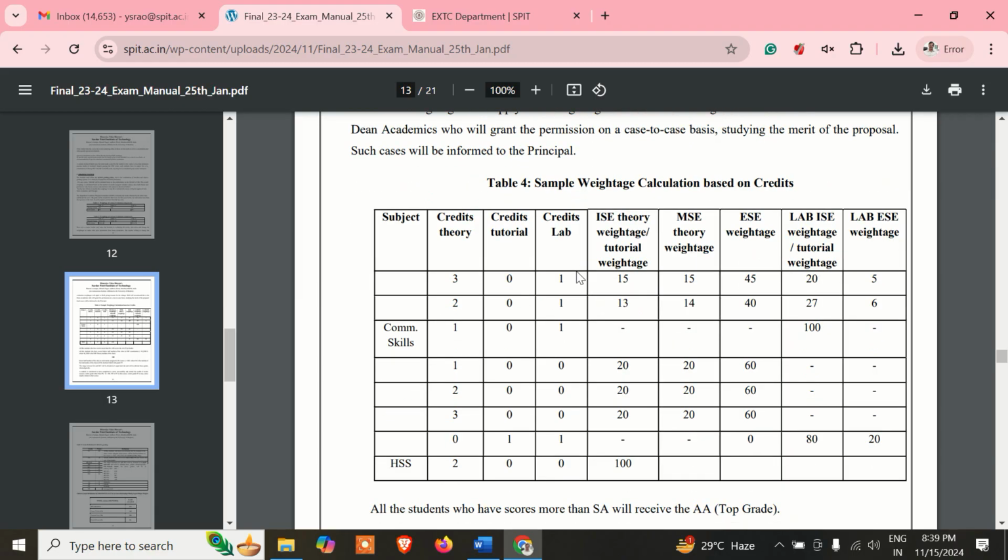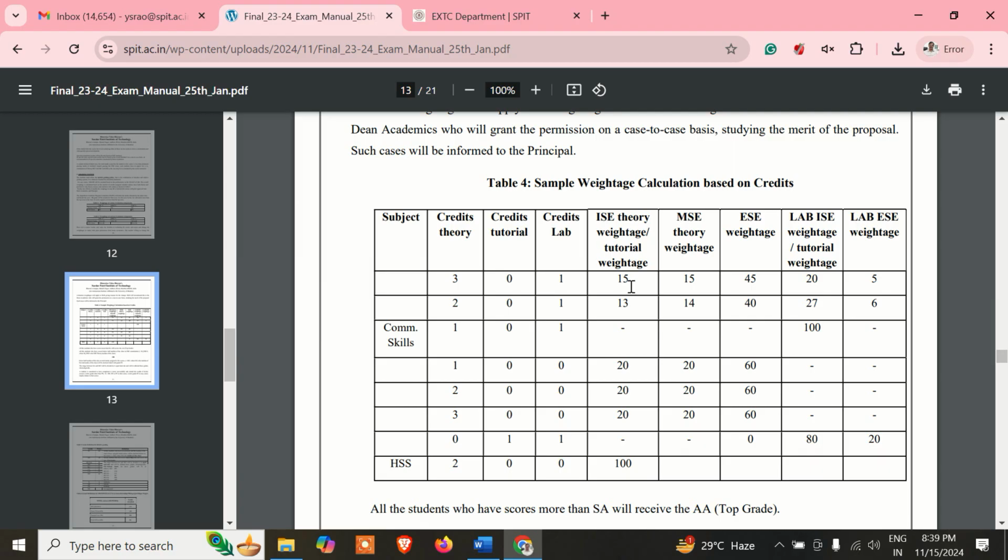Now let us calculate the weightage given based on the number of credits for a theory and the number of credits for the laboratory, and how together combined they will contribute to one passing grade of 100 out of 100. For example, if you have a 3 credit theory course and a 1 credit laboratory course, how is the weightage calculated?